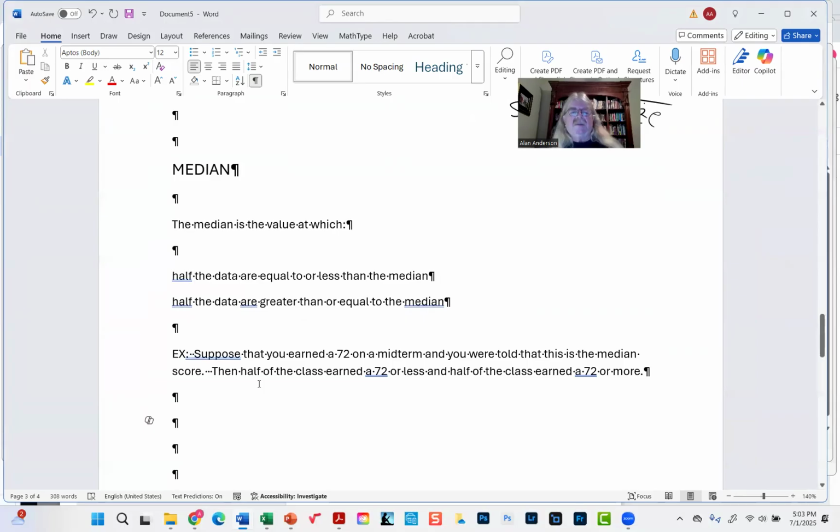So let's say, for example, suppose that in the United States, the median household income is, let's say, $80,000.